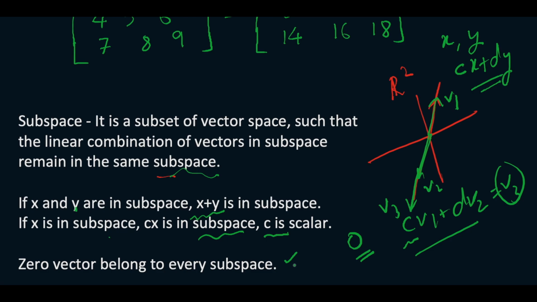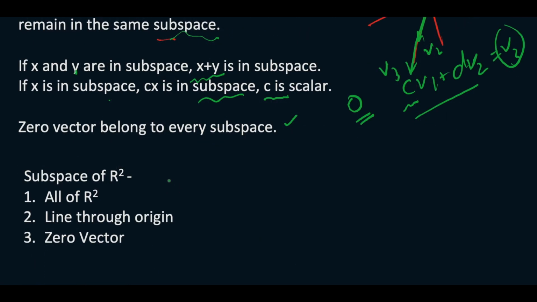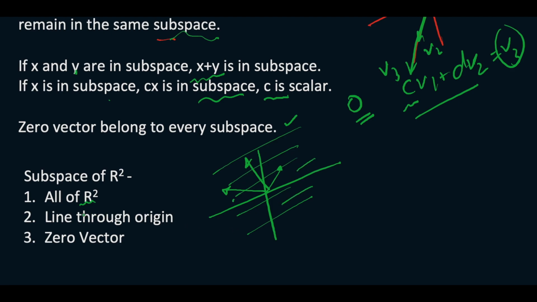Now let us see some of the subspaces. Let us see first the subspaces of R square. R square is nothing but our plane. So the first subspace will be all of R square. This is the whole of R square. When you take one vector and another vector, the linear combination of these two can give some other vector. Now this vector will be in the same R square, hence all of R square is one of the subspaces of R square. Second is a line through the origin.